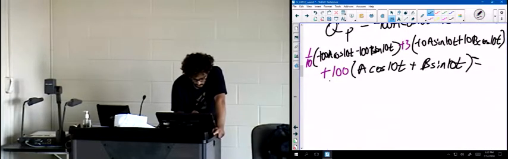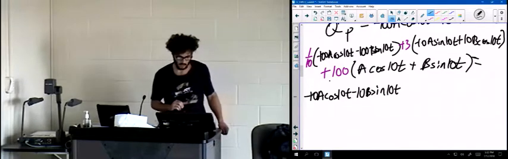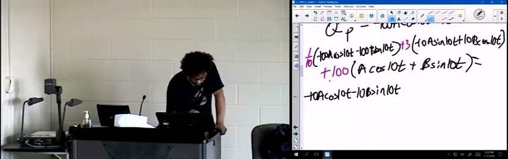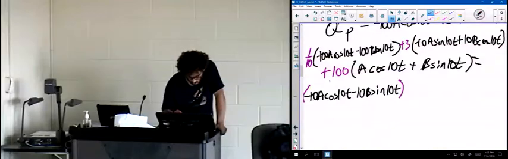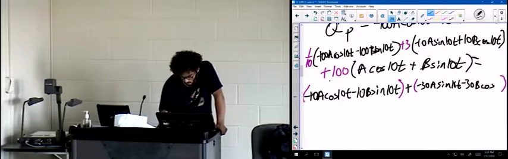So we have negative 10a cosine 10t minus 10b sine of 10t. And there I just multiplied that 1/10 out into that little expression there. And then I'm going to say, I might group that actually, plus that's going to be a negative 30a sine of 10t minus 30b cosine of 10t.